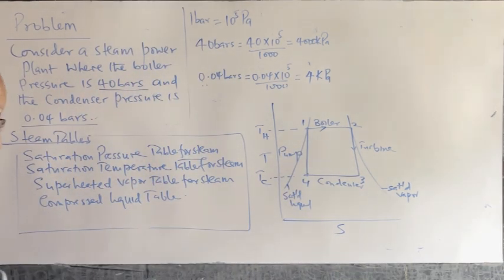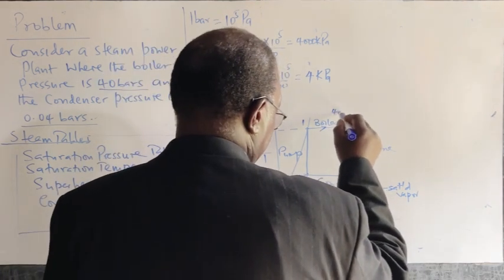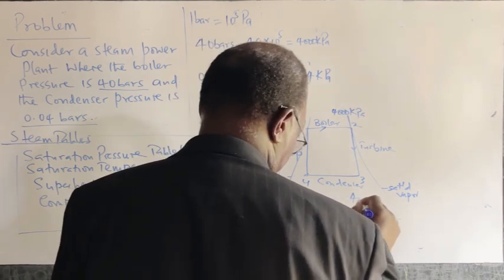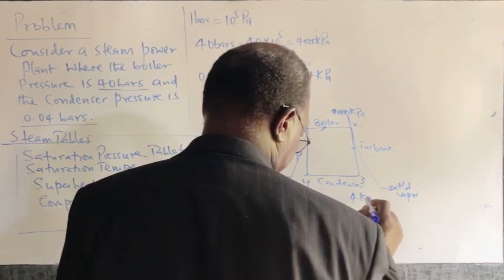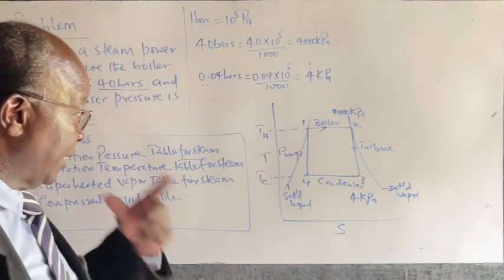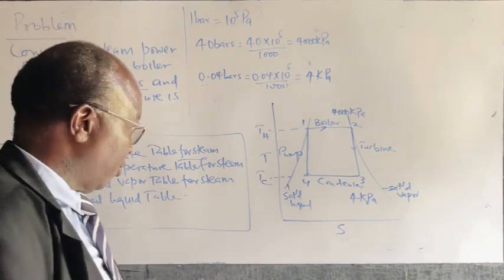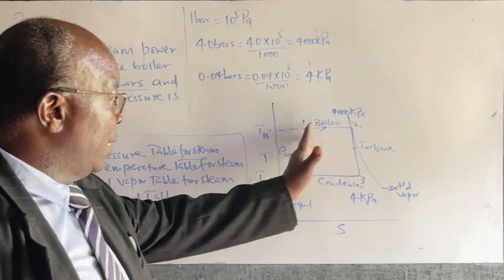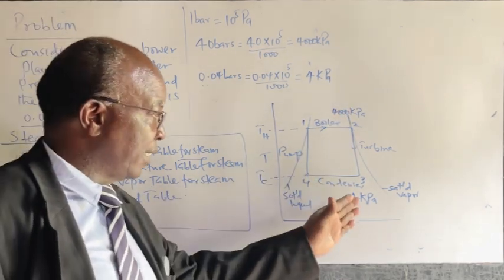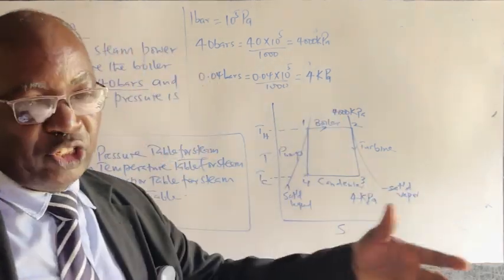And we are saying that the boiler pressure is 4,000 kilopascals. Condenser pressure, we have said, is 4 kilopascals. I repeat, that is the Carnot cycle in the Rankine plane, temperature versus entropy. Normally the boiler pressure is high, and to make it even more efficient, you increase it.